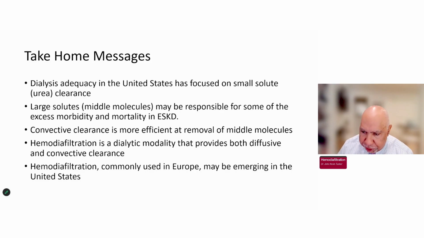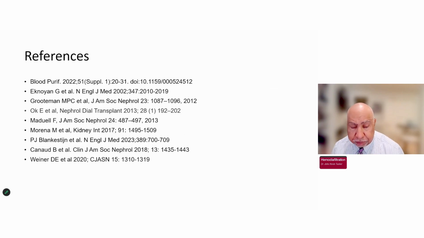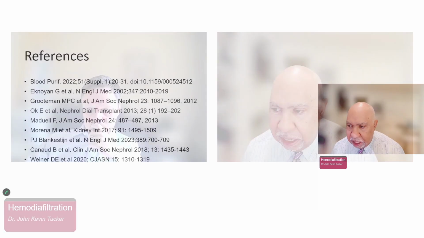Convective clearance is more efficient at removal of middle molecules. Hemodiafiltration is a dialytic modality that provides both diffusive and convective clearance. Hemodiafiltration, commonly used in Europe, may be emerging in the United States. We know that it's being rolled out in the United States in some of the large dialysis organizations. And these are some references for you on hemodiafiltration.